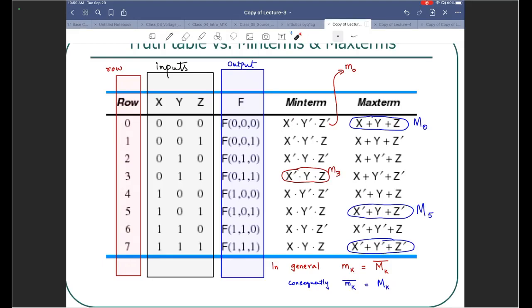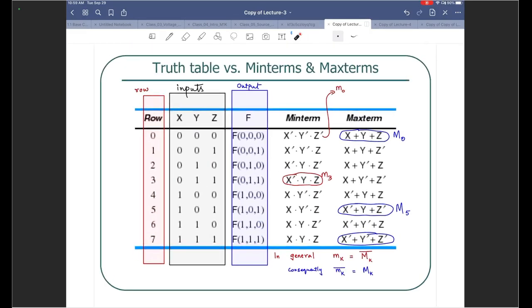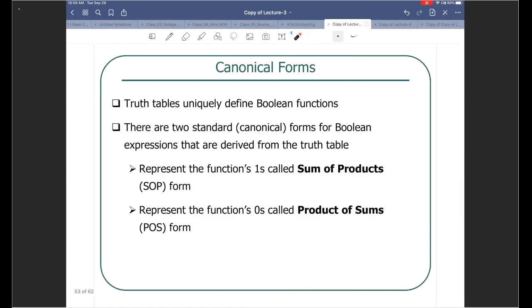So hold on to your questions for just a minute, because when we look at an example, it'll all fall in place. Right now, we are just talking about how to refer to min terms and max terms and what that row number corresponds to, which is becoming the subscript for the small m and the capital M. Now let's apply that to some examples to get some more clarity.